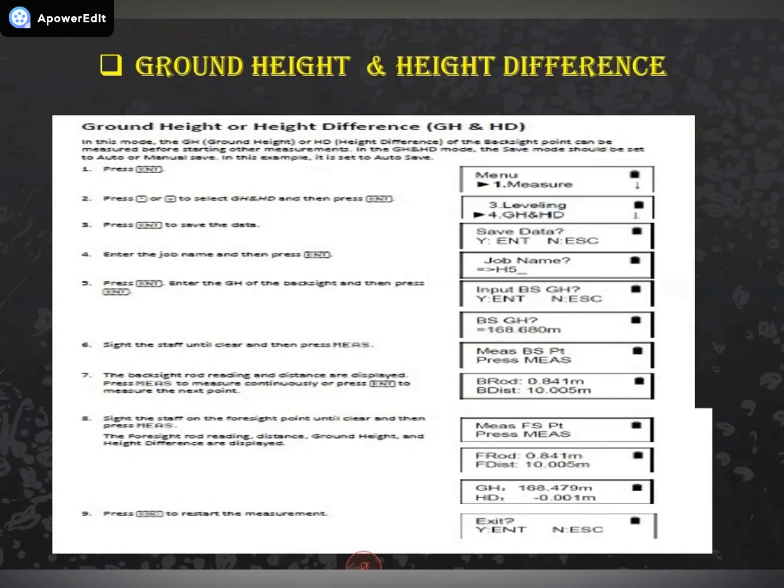One more thing we have to know: from where do we get the ground height of any point in the case of leveling? We are taking MSL to determine the height of any ground point. Everyone will know, or I can say everyone has a view of where our MSL is right now.